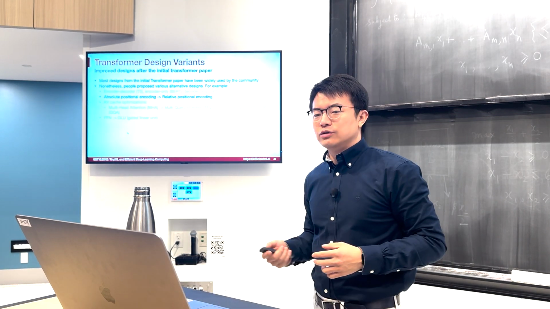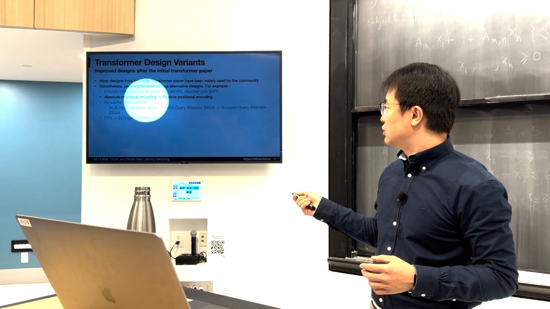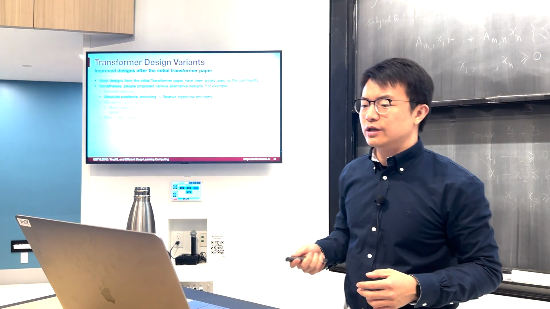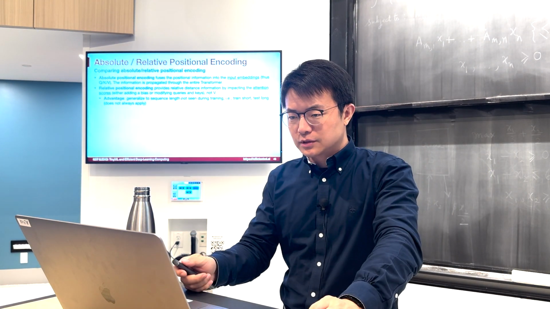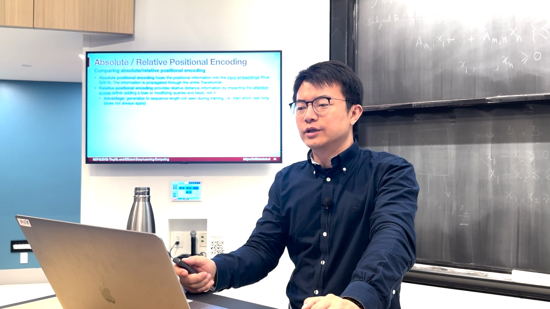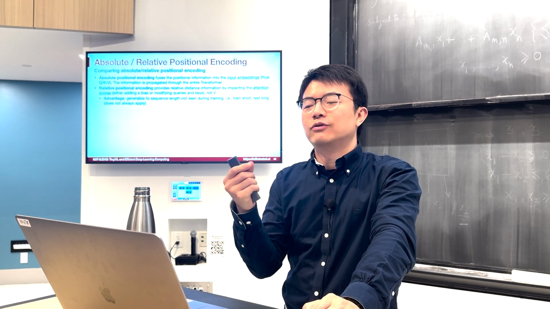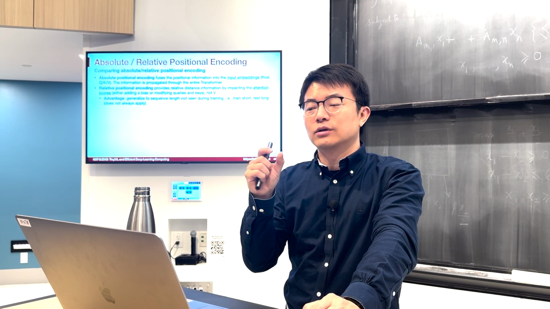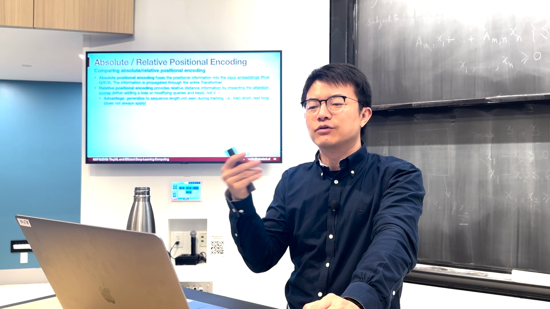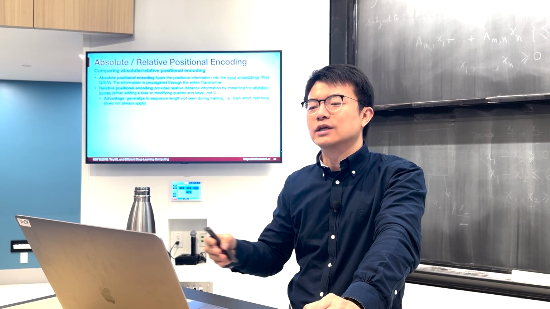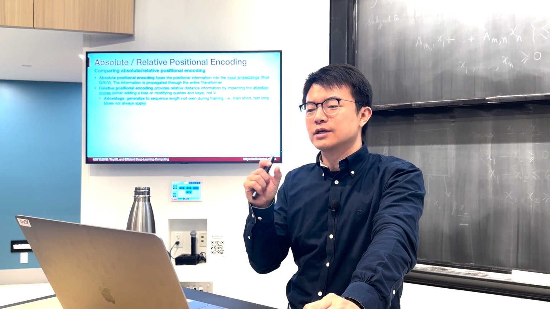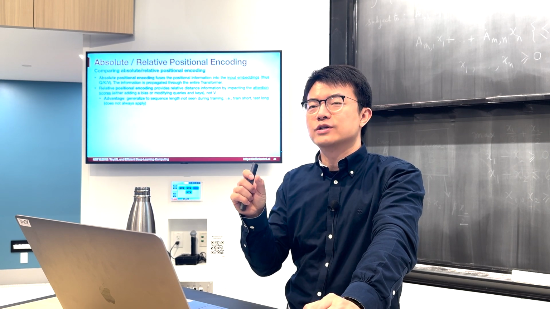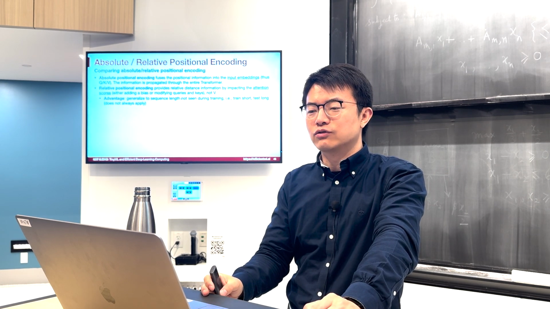Now let's switch gears to talk about absolute positional encoding versus relative positional encoding. Absolute positional encoding injects the positional information into the input embeddings, and also the QKV. So the information is going to propagate through the entire transformer, since the input embedding is the very beginning of a transformer.